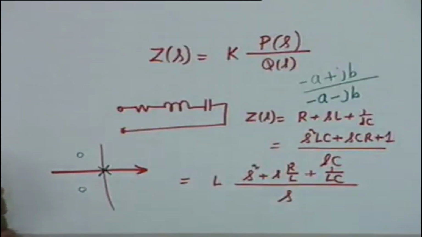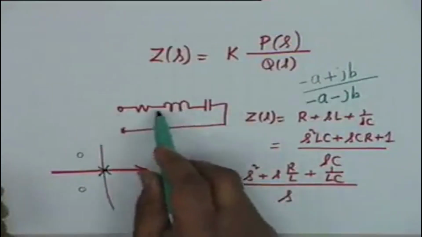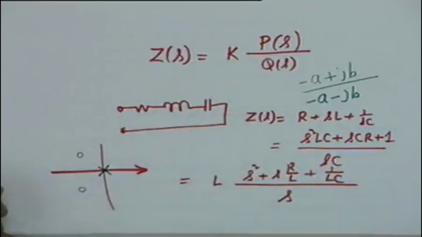It becomes infinity. That is, it allows no current to flow. S equal to 0 means what? E to the st, s equal to 0 means a constant, which means a DC. And obviously this is corroborated by physical considerations that the capacitor does not allow a DC to pass.